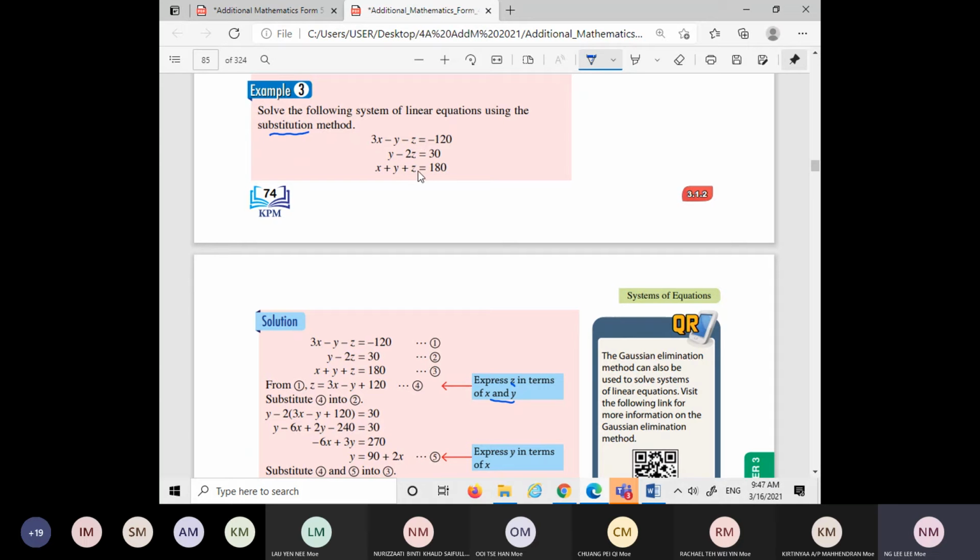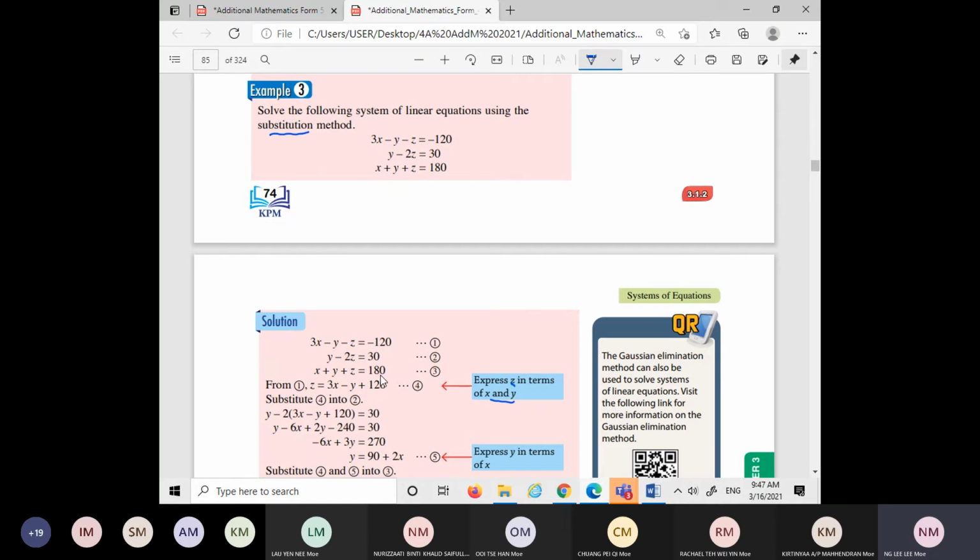Here also is easy because the coefficient is 1. You can choose y also from any of these equations, same thing because the coefficient is 1, and then you can choose x also from the third equation, because the coefficient is 1.